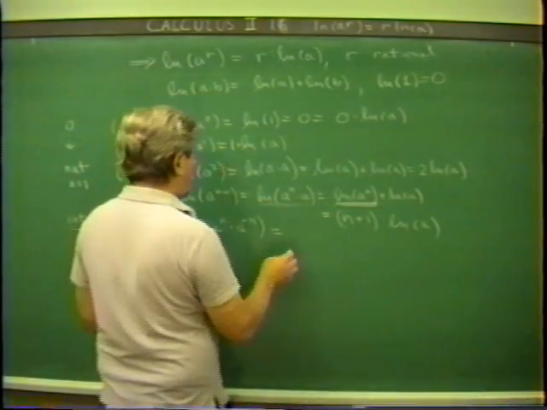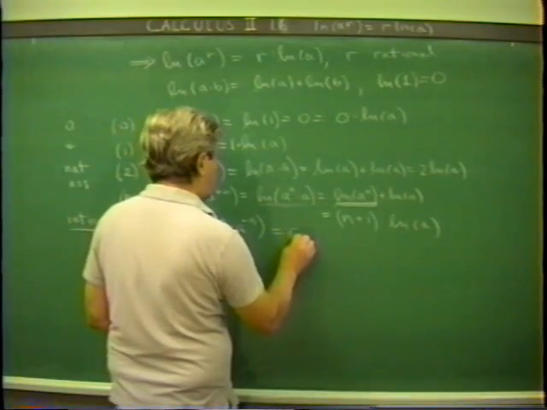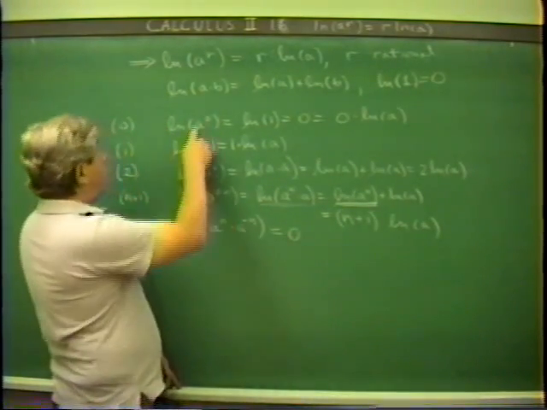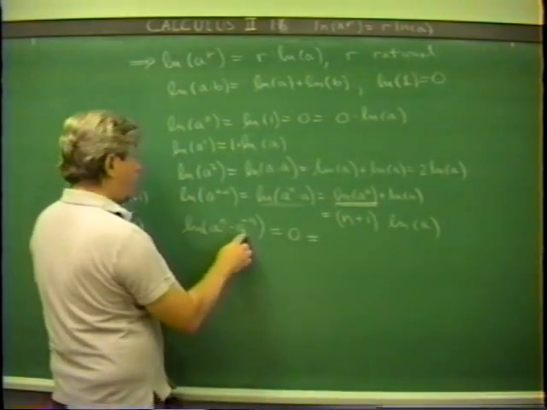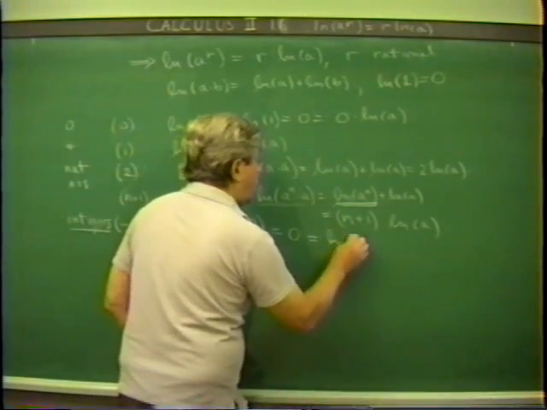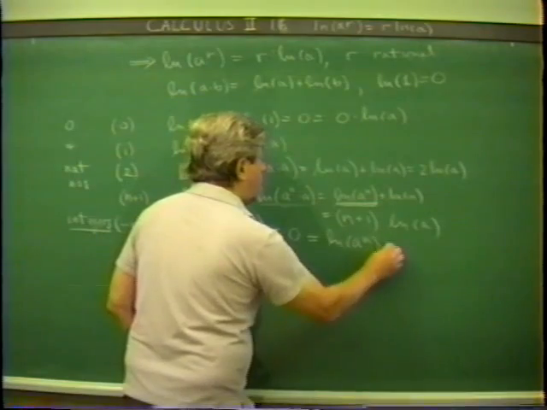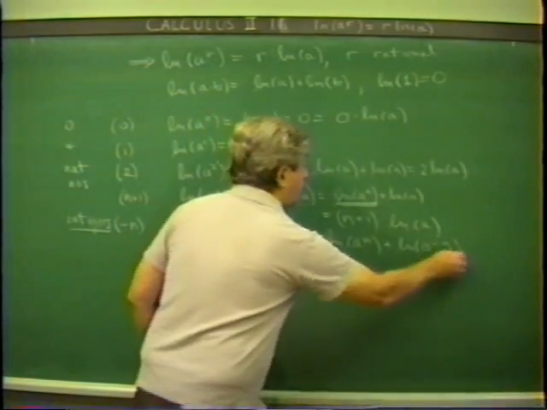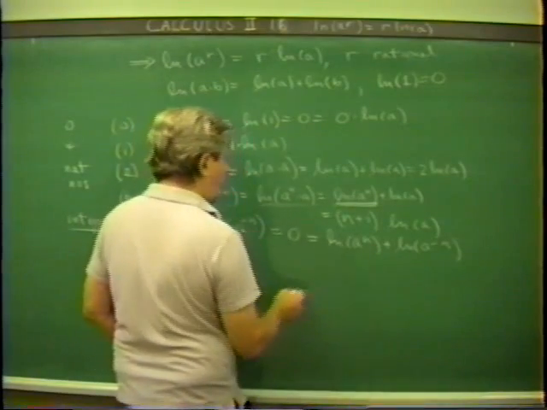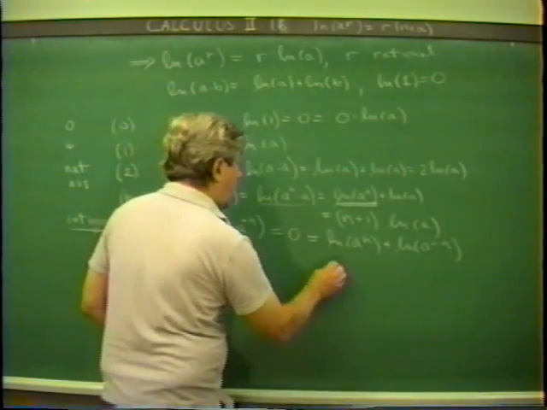Well, a to the n times a to the minus n is a to the 0. And we know that the logarithm of a to the 0 is 0. But using this rule for logarithms here, the logarithm of a to the n times a to the minus n is the logarithm of a to the n plus the logarithm of a to the minus n.